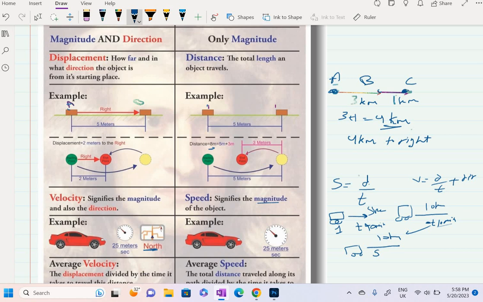But if I wrote 25 meters per second, this is only the speed, nothing else. So the direction is the main significant thing.